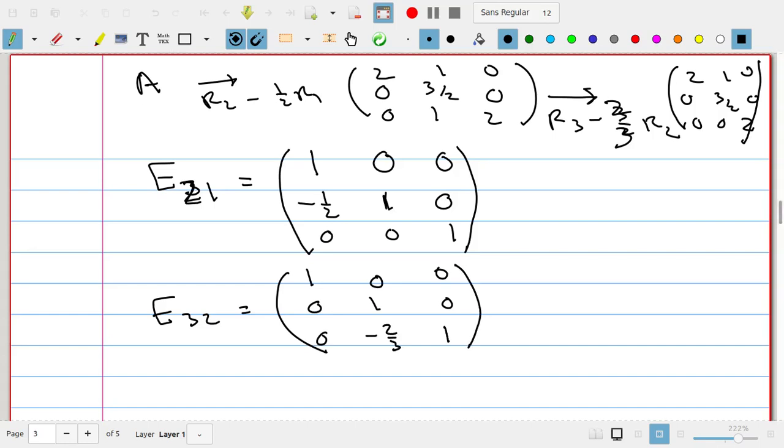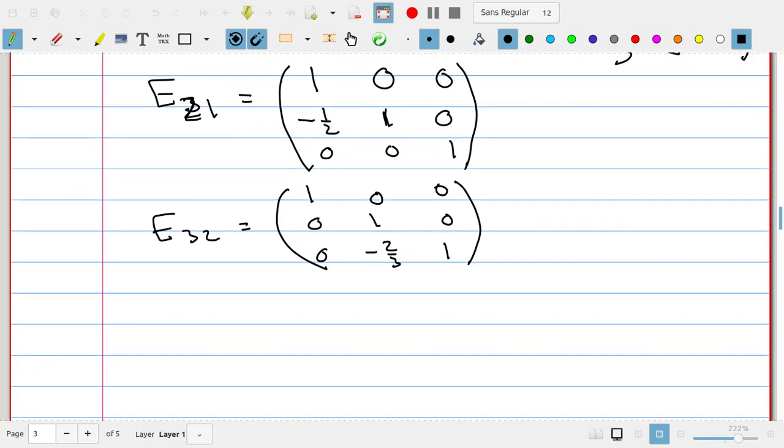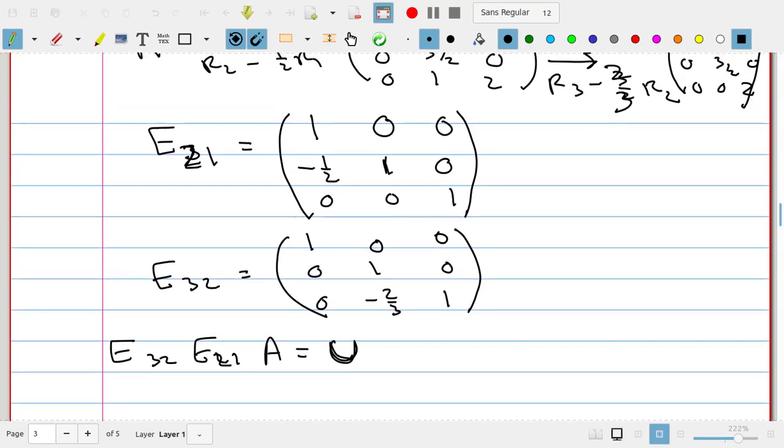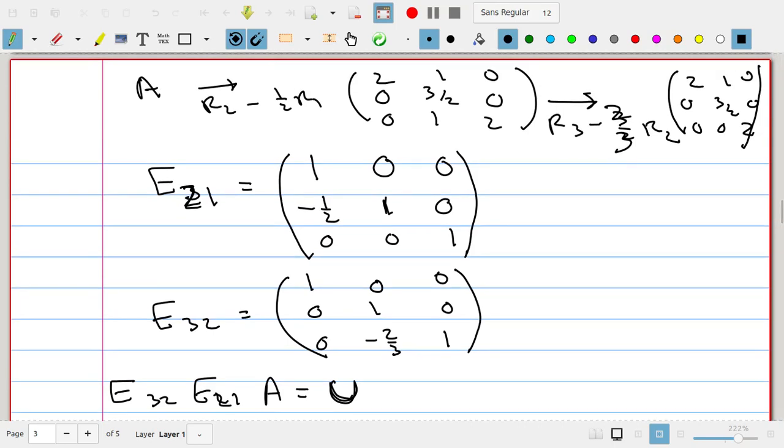The product of these guys, E32 times E21 times A, equals an upper triangular matrix, which is given by 2, 1, 0, 0, 3/2, 0, 0, 0, 2.